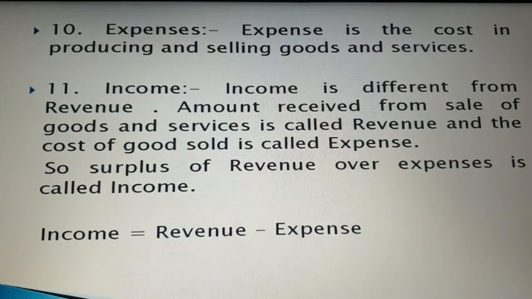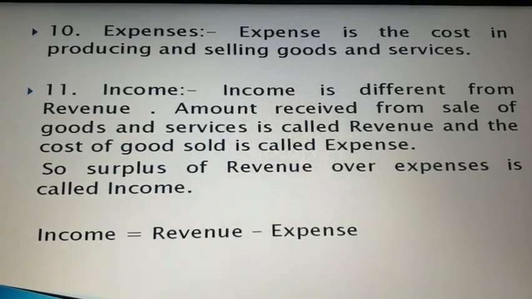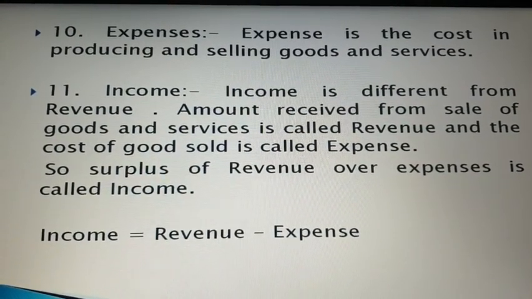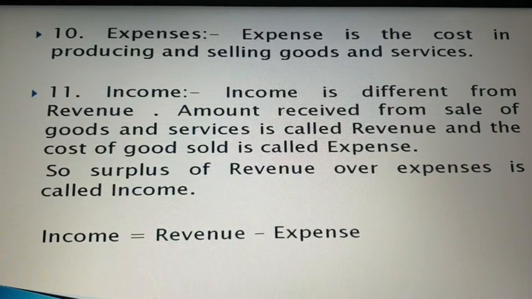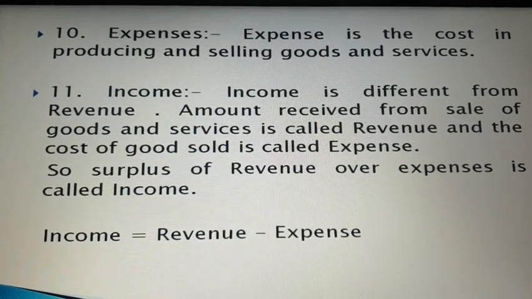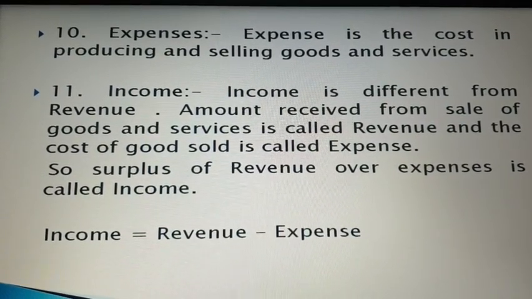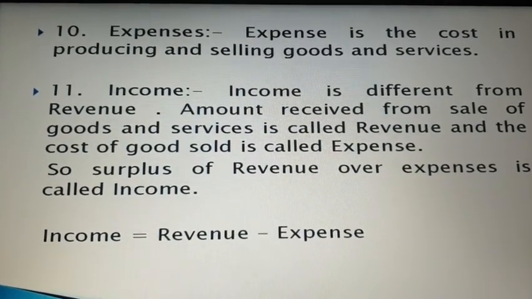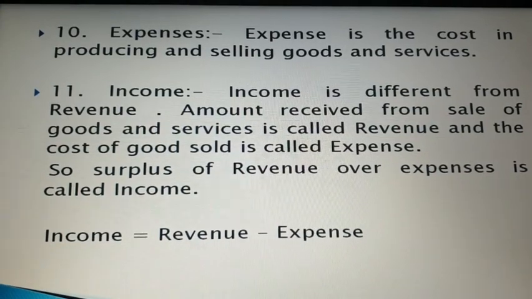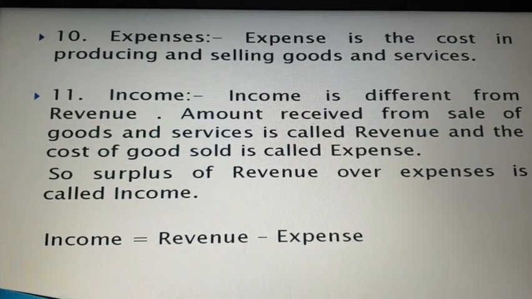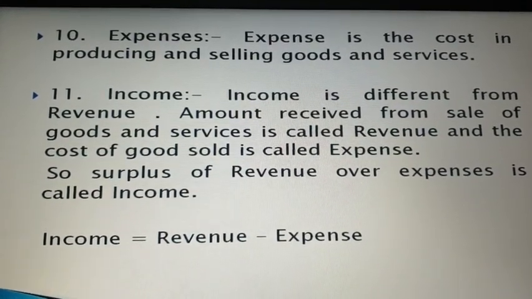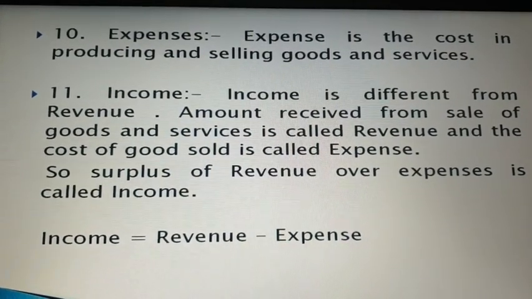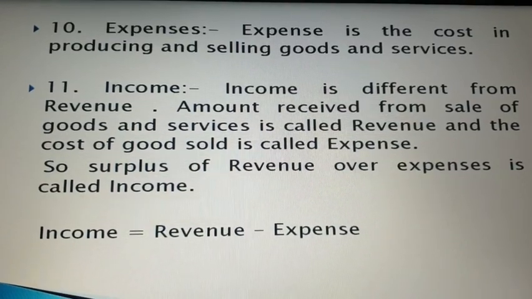So whatever amount a producer is receiving on sale of goods and services is called revenue. And expenses we already discussed in the above slide, that is cost of goods sold. So whatever goods are being sold into the market, the cost of producing these goods is called cost of goods sold. So the difference of revenue and expense is called income, or we can say excess of revenue over expense is called income. So this is all about expense and income.